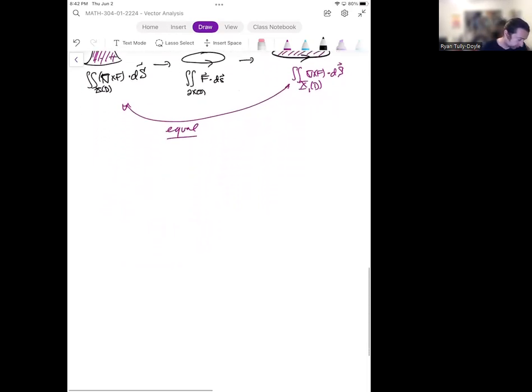So we're going to say that the double integral over the original surface X of the curl of F dot dS is equal to the double integral over the new surface X prime of the same thing. These must be the same because they share the same boundary.